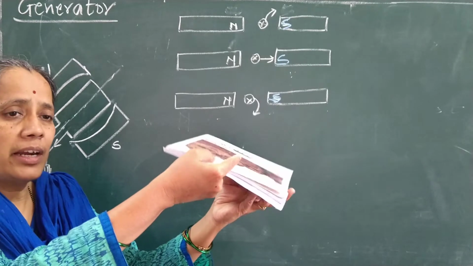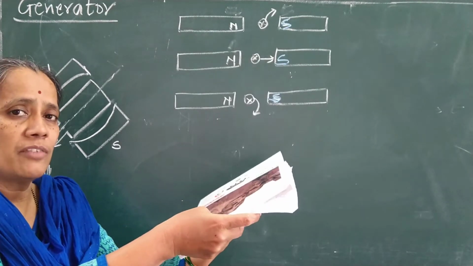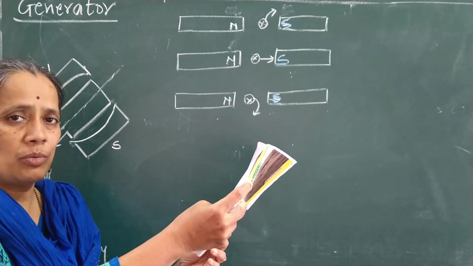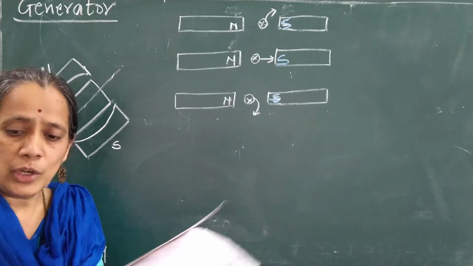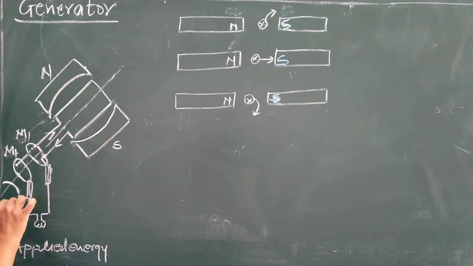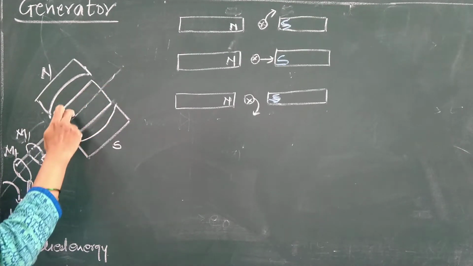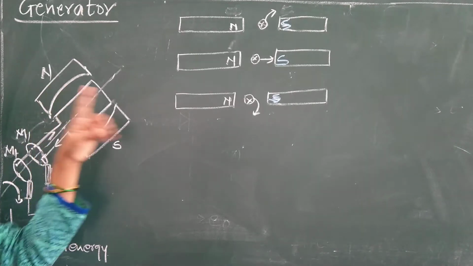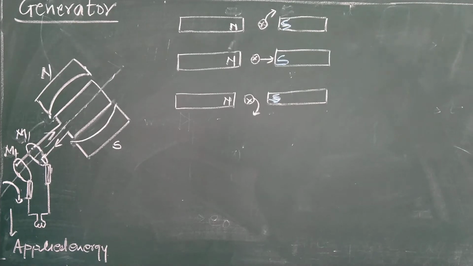When the coil turns in the downward direction, the change in magnetic flux will be in decreasing order, so the EMF induced is positive. In that manner, due to the rotation of this coil with the help of this armature, there will be a continuous change in magnetic flux. And due to that change in magnetic flux, EMF will get induced.